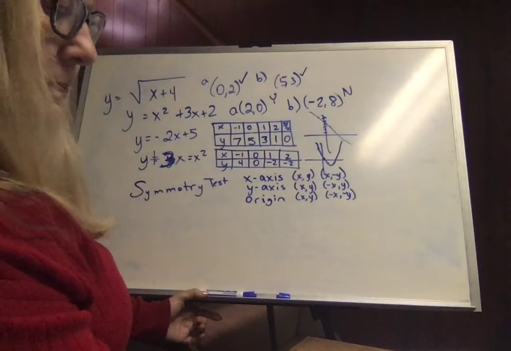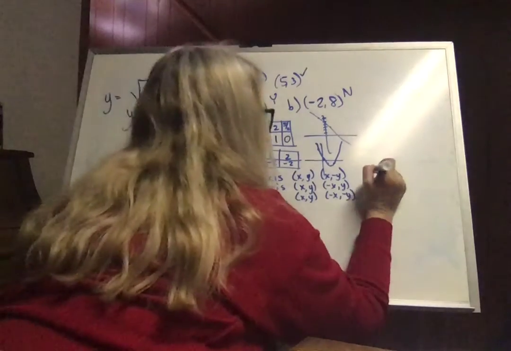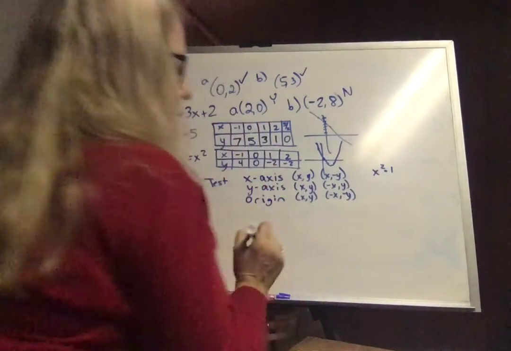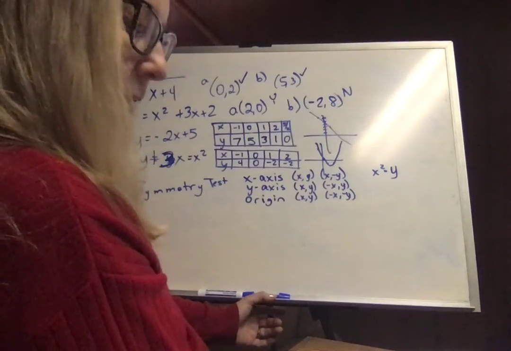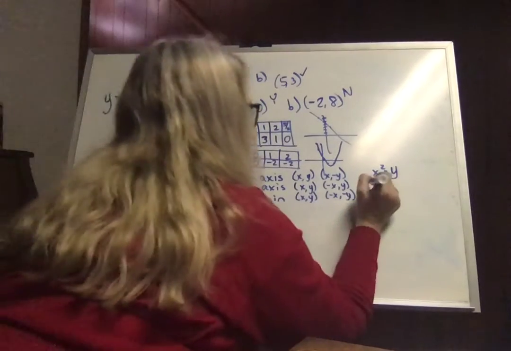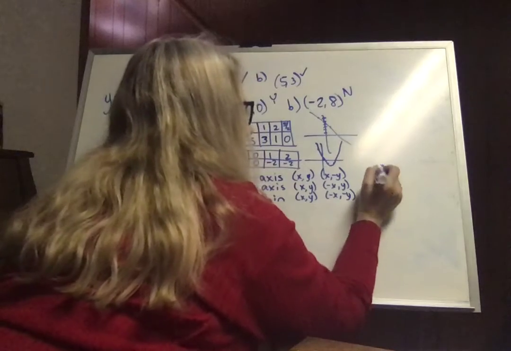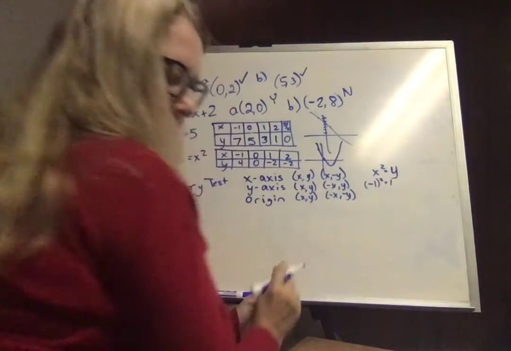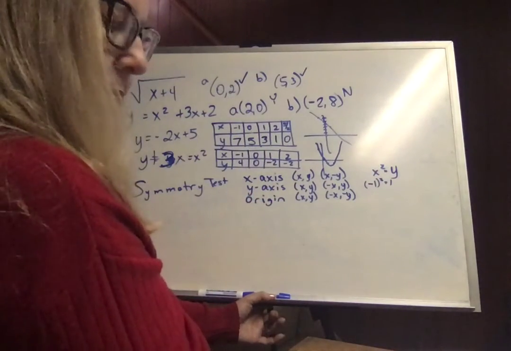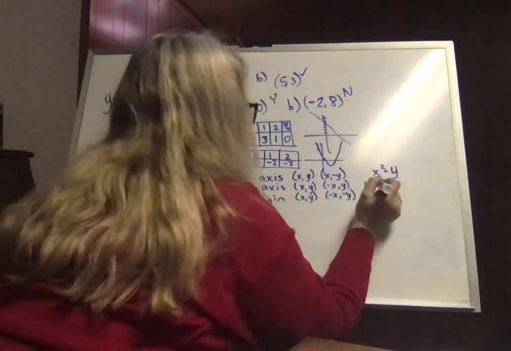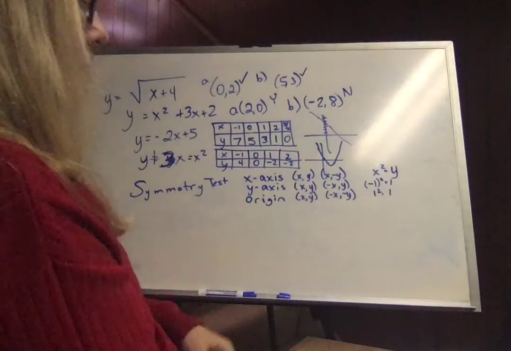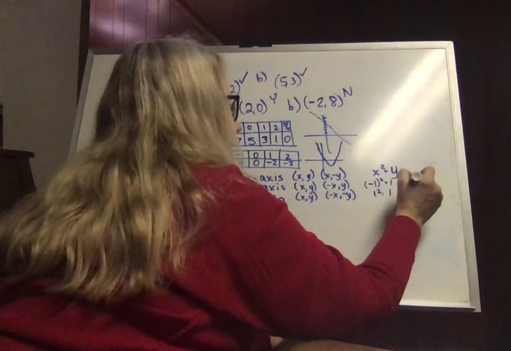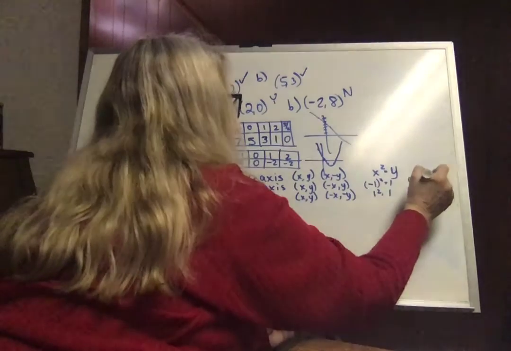For example, if x squared equals y, and we use an example, -1, -1 squared is +1. And if we put in a +1, +1 squared is also +1. This is y-axis symmetry.